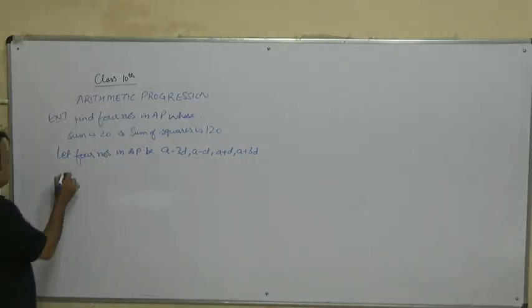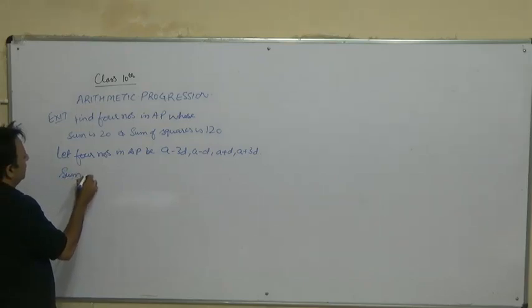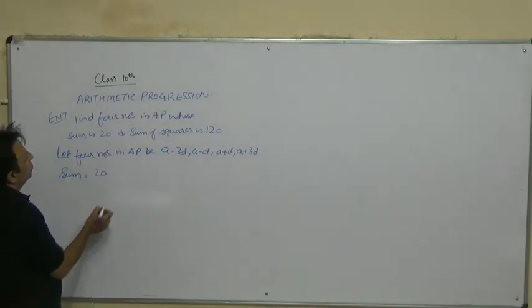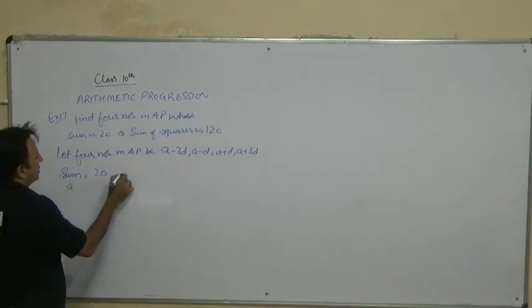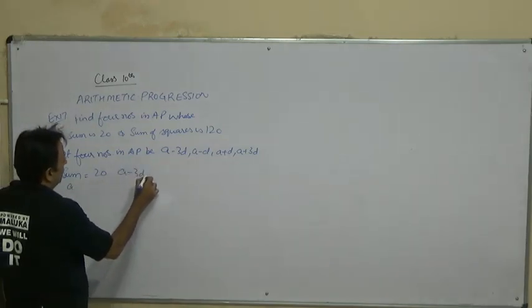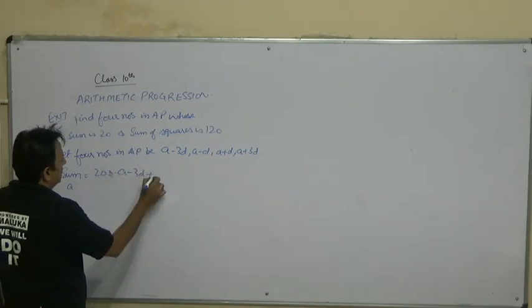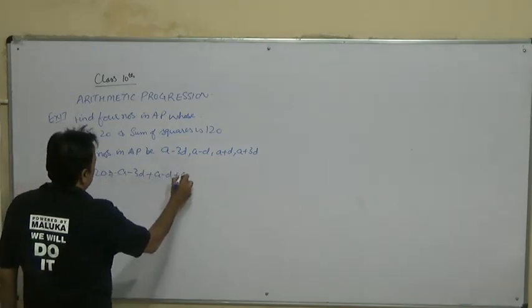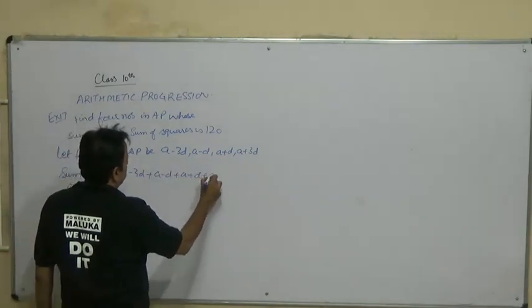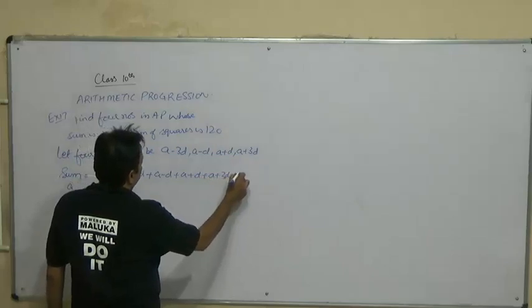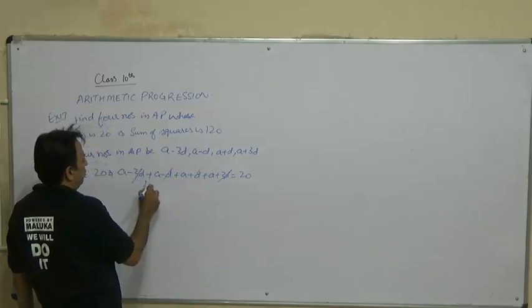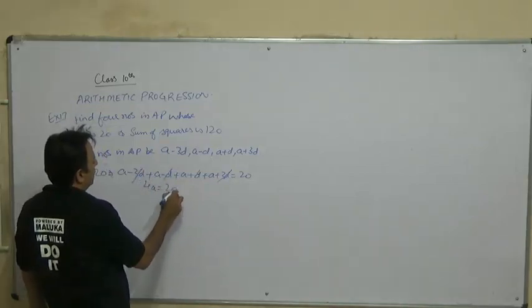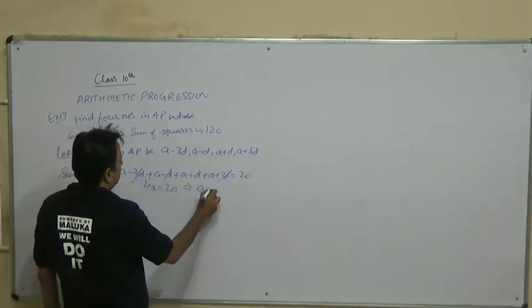Now the sum is, what is the sum in this? This is 20. So it will be a minus 3d, a minus d, a plus d, a plus 3d is equal to 20. So minus d plus d cancel out, 4a is equal to 20 and the value of a is equal to 5.